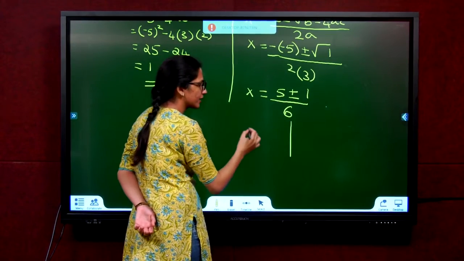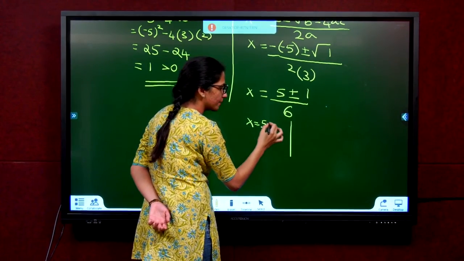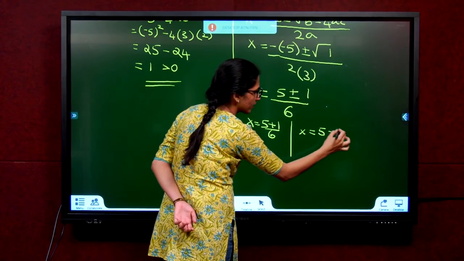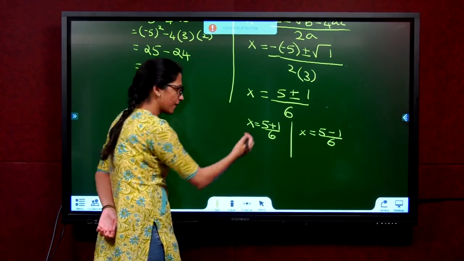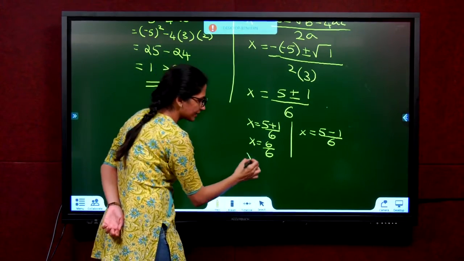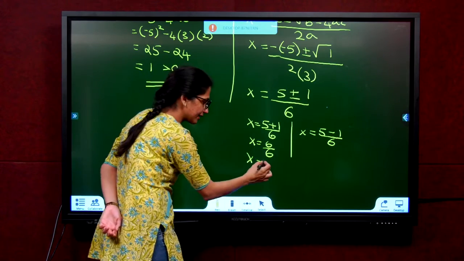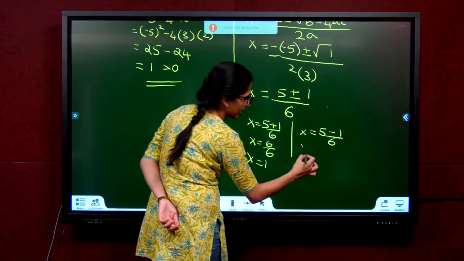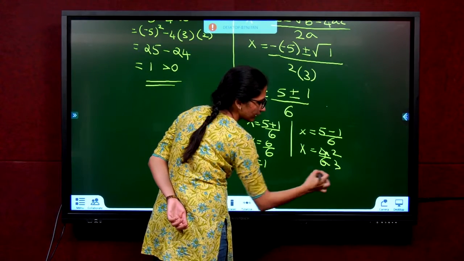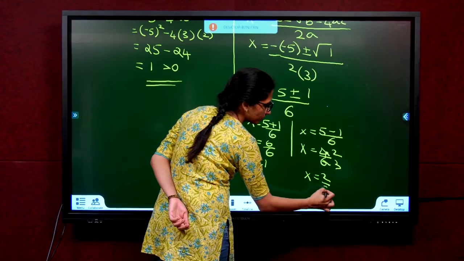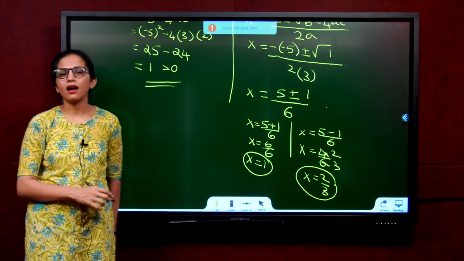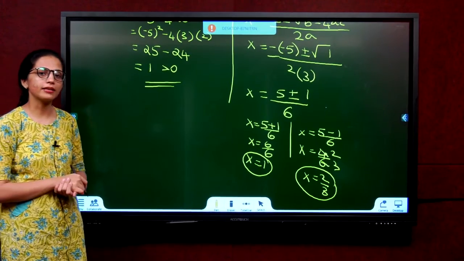This will give you two cases: x equals (5 + 1) by 6 and x equals (5 − 1) by 6. 5 plus 1 is 6, 6 by 6, x is equal to 1. x equals 4 by 6, 2 2s are, 2 3s are, x equals 2 by 3. x equals 2 by 3 and x equals 1 are the roots of the quadratic equation.